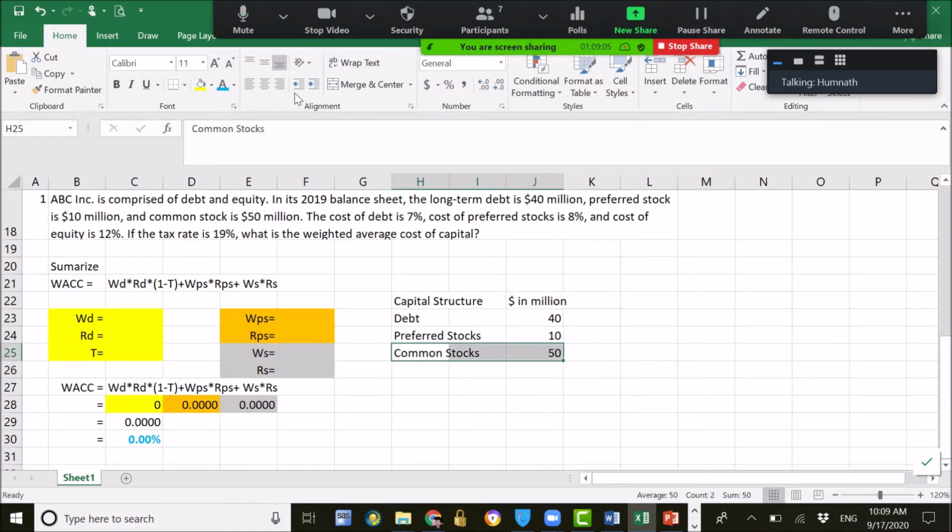So let me put this one, and then I'm going to do the total value. Okay, total value, right? So this is the total value.